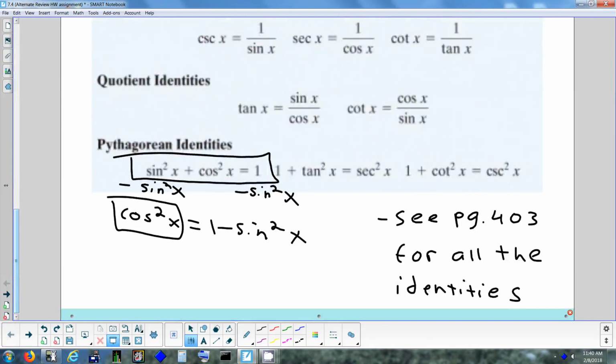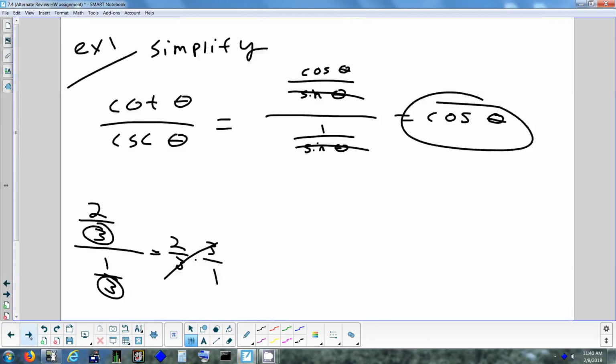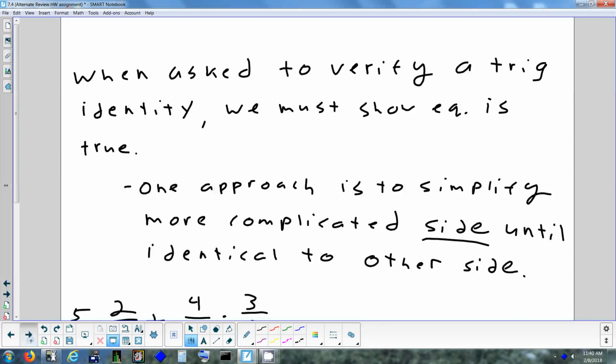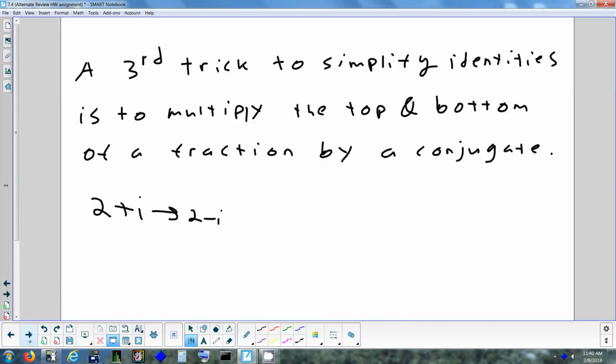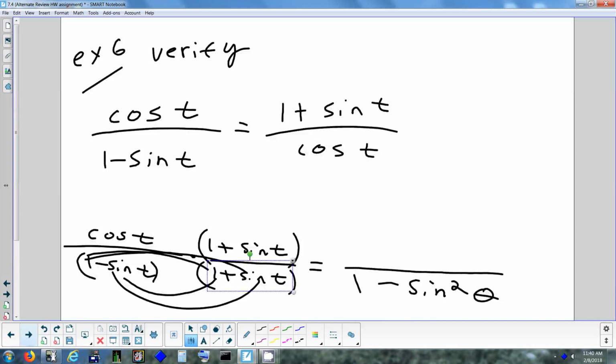It's going to turn into something. So now that I'm thinking that's going to happen, I'm not going to distribute out what's in the top, because I already know what the bottom is going to be. I'm already seeing something similar to it in the top, so it's going to end up canceling.